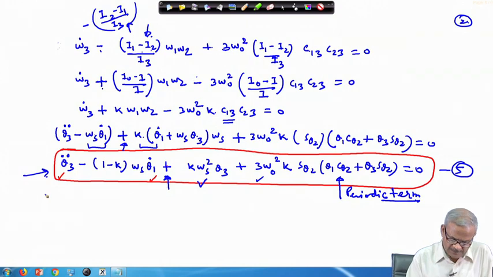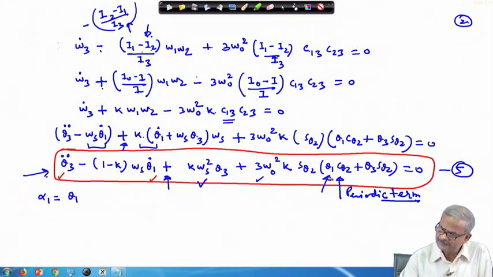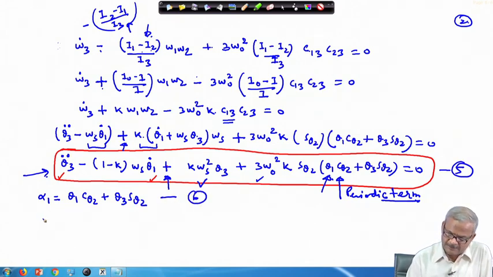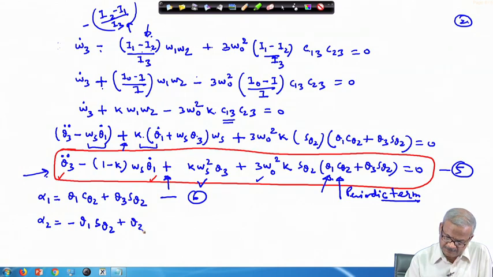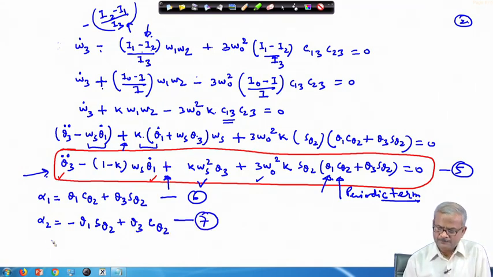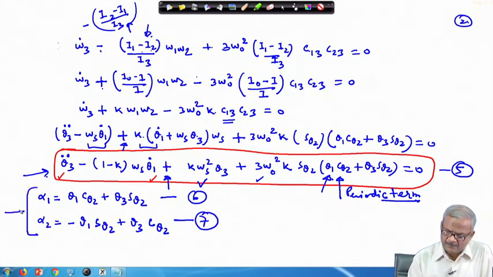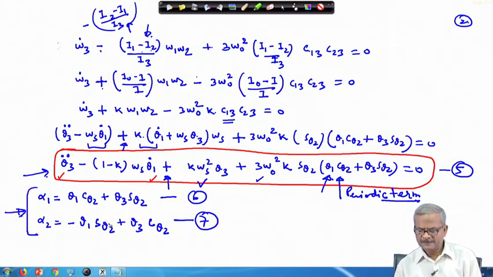So, let us assume that alpha 1 equals whatever coefficient is appearing here, theta 1 times c theta 2 plus theta 3 times s theta 2. This is our equation number 6, and similarly alpha 2 we assume as minus theta 1 times s theta 2 plus theta 3 times c theta 2. And very soon it will be clear that indeed this helps.